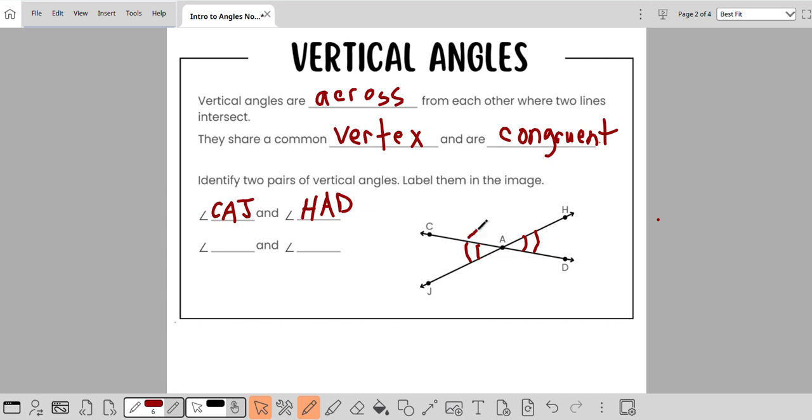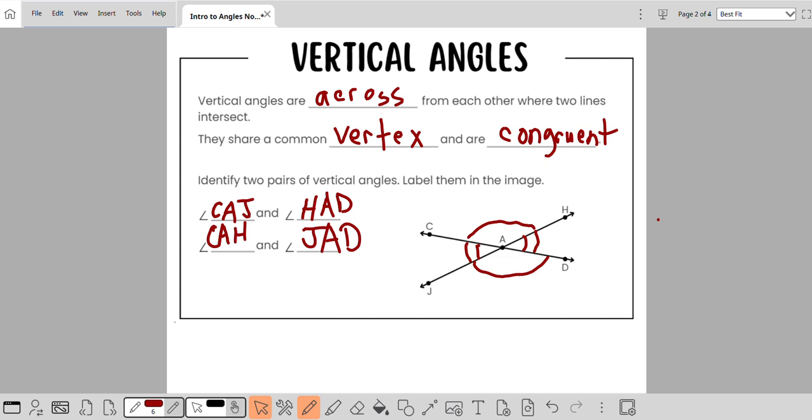Now I'm going to look over here. This angle and this angle are also vertical. So that means that angle CAH is congruent to angle JAD. Right there. Angle JAD.